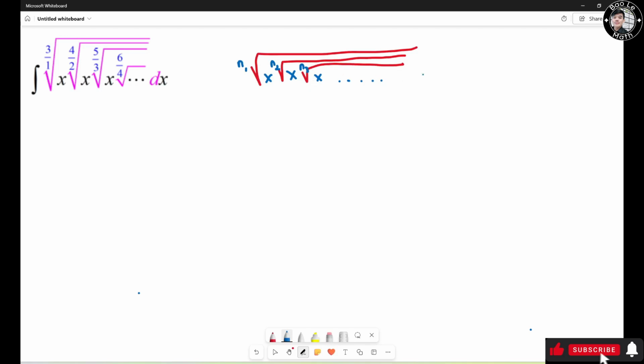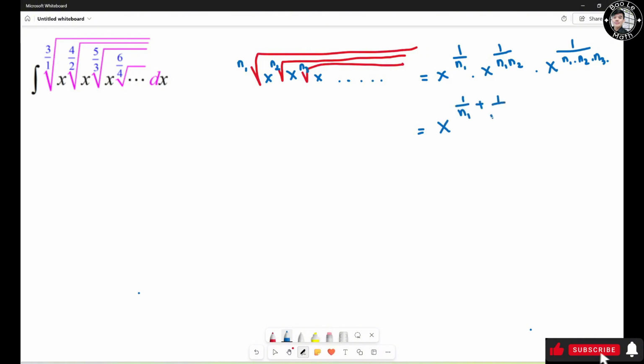So it turns out to be s raised to the 1 over n1, times s raised to the 1 over n1 n2, times s raised to the 1 over n1 n2 n3, right? Now, to simplify this, you need to write s and add all the exponents up, right?